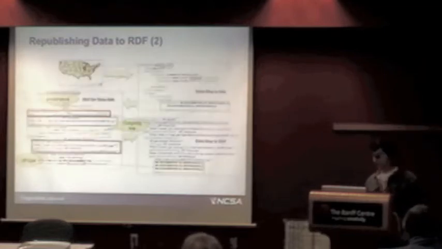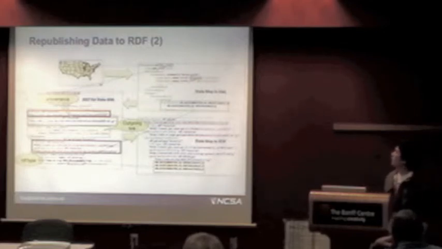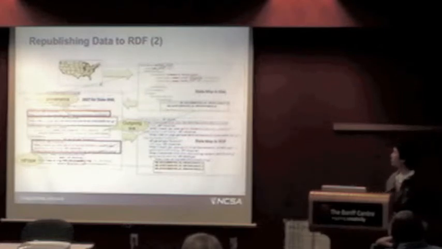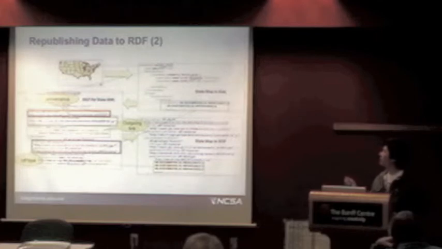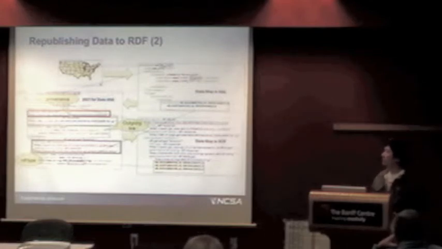Anyone can use it. So this example shows the process of transforming the state map, which is in a shapefile, to the state map in RDF. It's first transformed to KML by using this tool. Then in the style sheet, we can see a lot of different boxes.